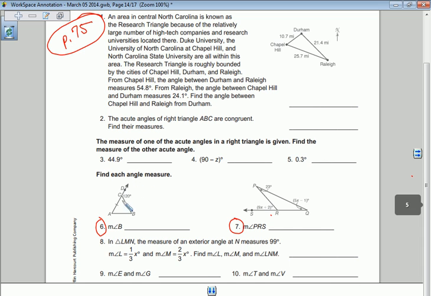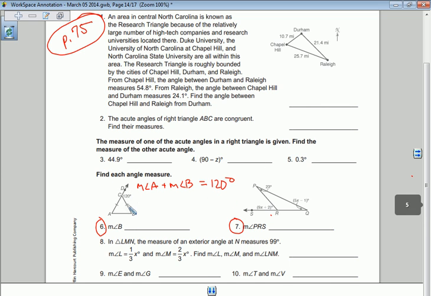Okay, when I look at this problem, I know that the measure of angle A plus the measure of angle B has to equal what? How many degrees? 120. 120 degrees, because this angle formed right here, angle BCD, has a measure of 120 degrees.